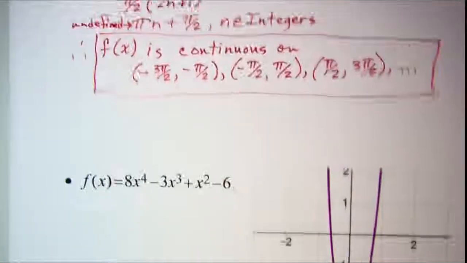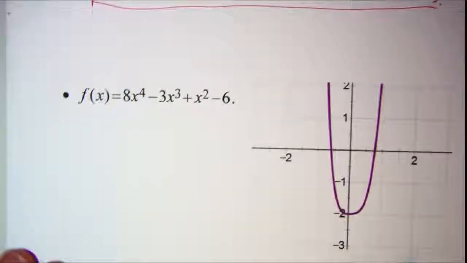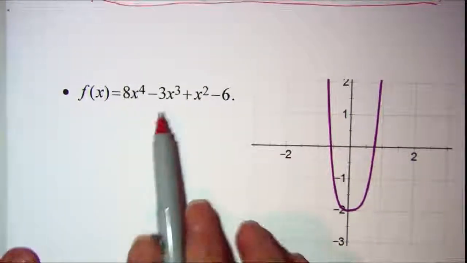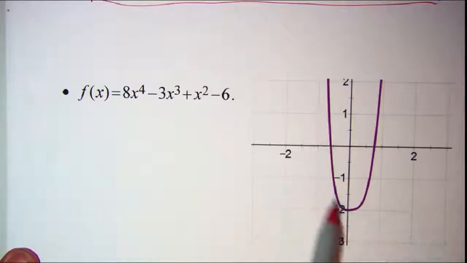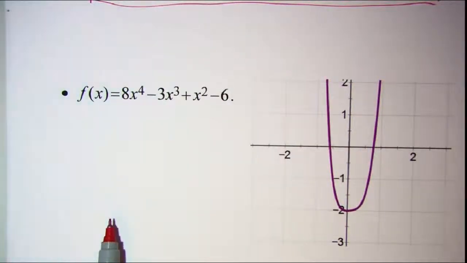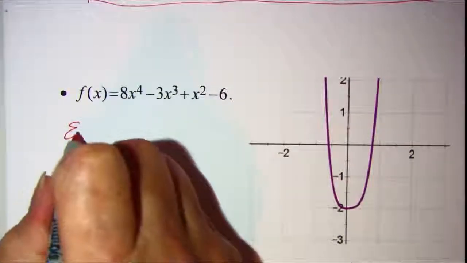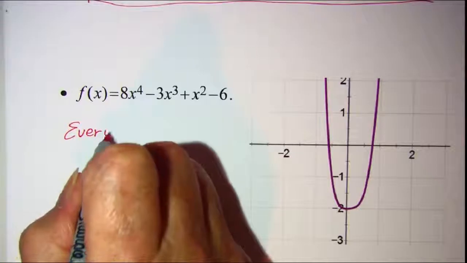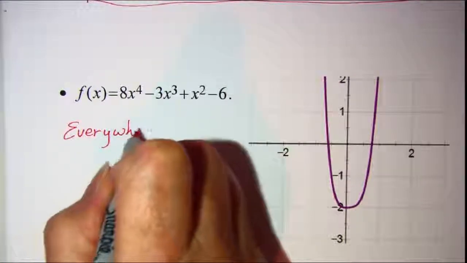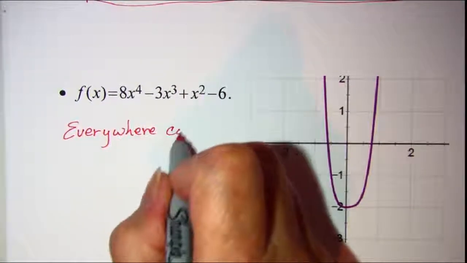And then let's look at polynomials. Notice this one is continuous on the entire set of real numbers, and we would say then that it's everywhere continuous.